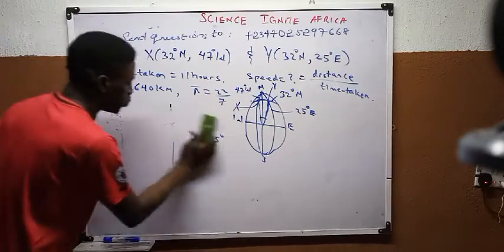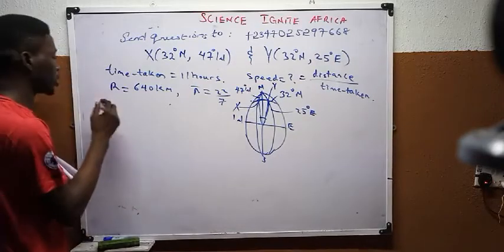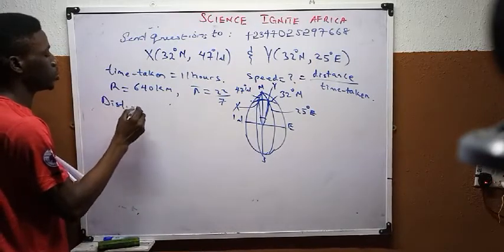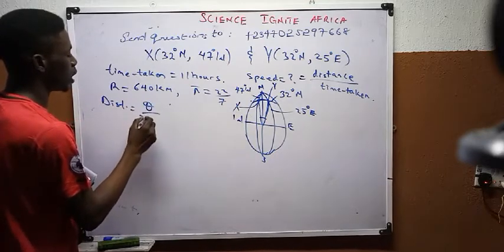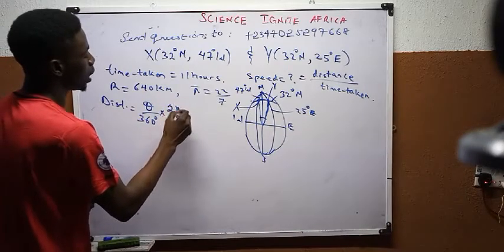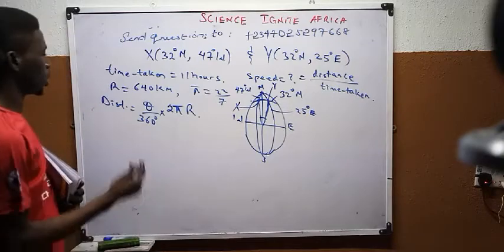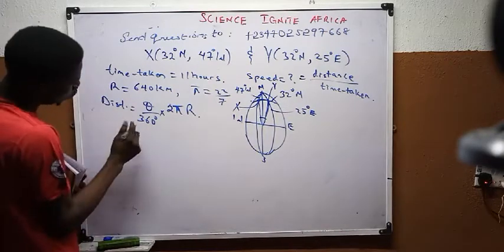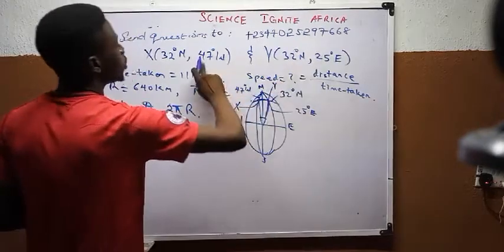So let's solve this question that we have here with us. Now that we know the angle, to find the distance will be the angle, let me call it theta, over 360 degrees multiplied by 2 pi r. That's the big R, the radius of the earth. I will be given that. So what's the angle? We said we'll add 47 with 25.